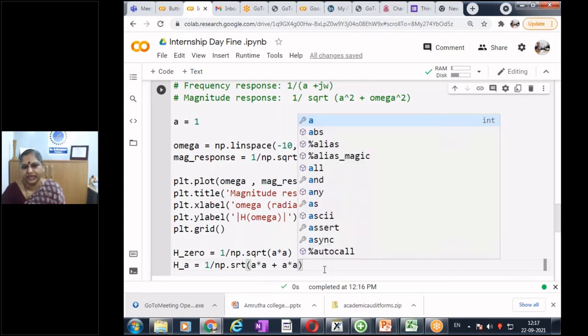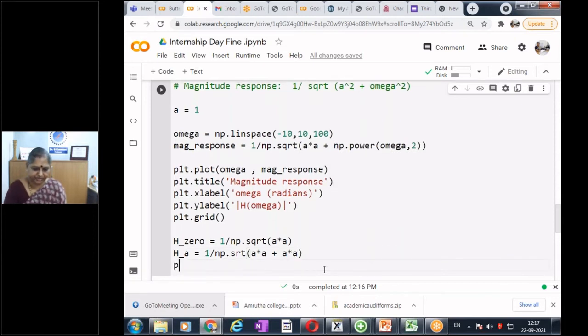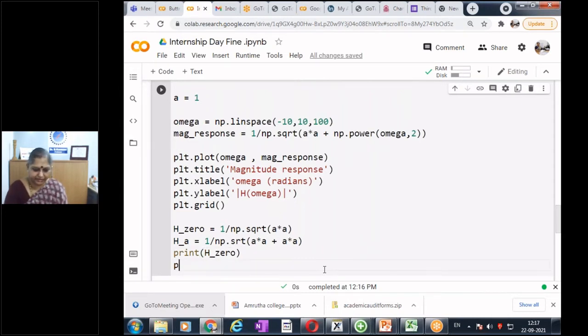And then print H of 0, and then print H of A. So this is nothing but H of 0, and this is H of A. So run it.